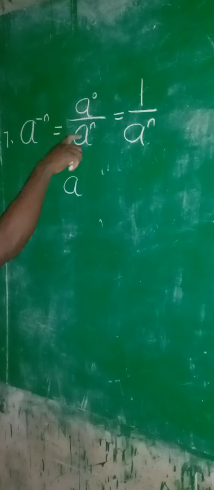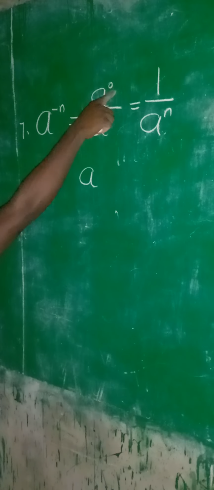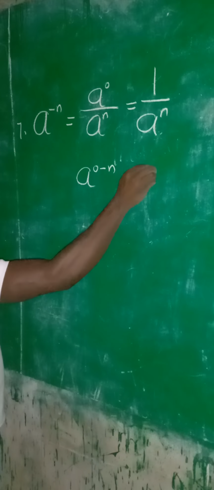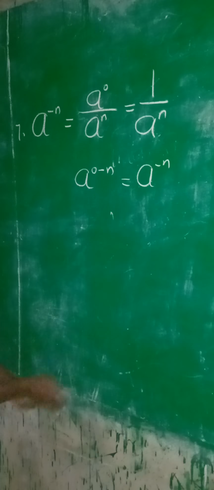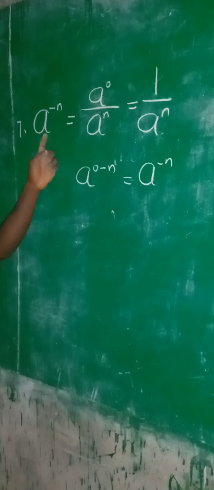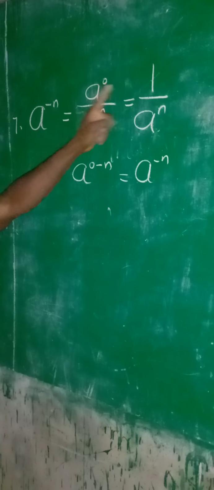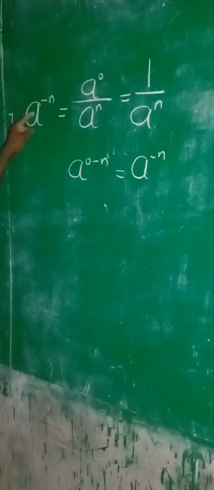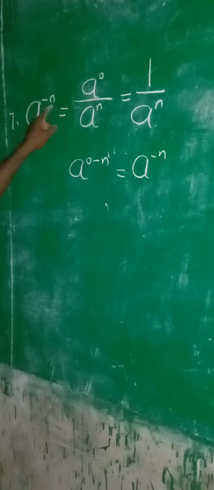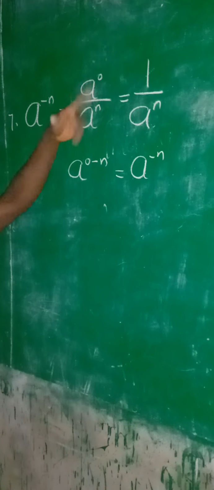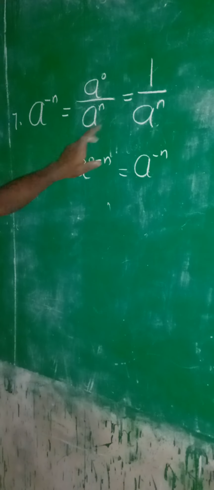The bases are the same and they are dividing, so you subtract the exponents, 0 minus n, which gives you a exponent negative n. You see that it comes back to this place, and we are saying that this one is the same as this. So a exponent negative n is 1 over a exponent n.